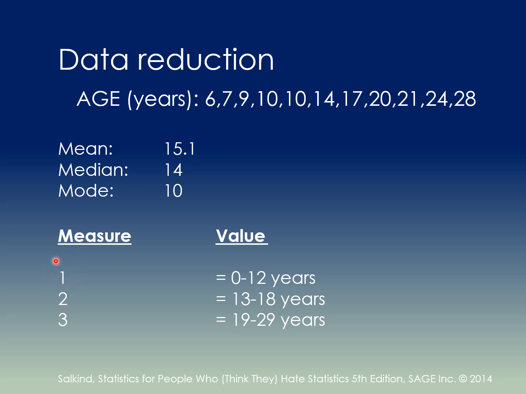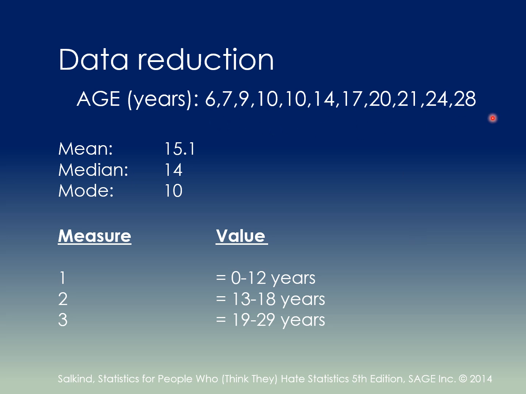So I know that in my reconfigured data set, anytime I see a 1, that's going to be someone who falls in this particular range of years. I may not know their exact age, but I will know the age range that they fall into. Thereafter, I might say 13 to 18 years old. That might be an adolescent, for example, and I give a value of 2. And then young adults might fall into the range of 19 to 29 years, and I give that a value of 3. And so this can be helpful.